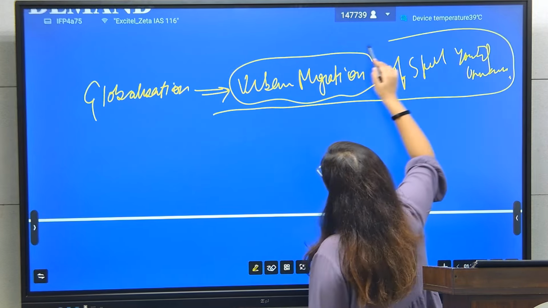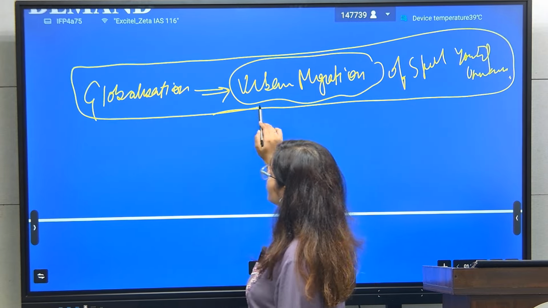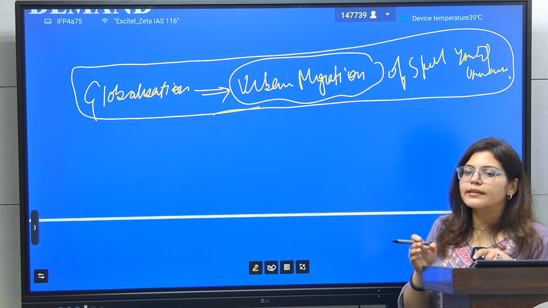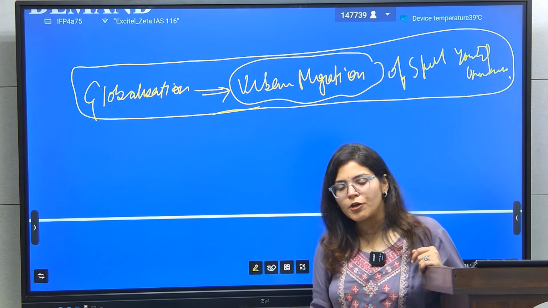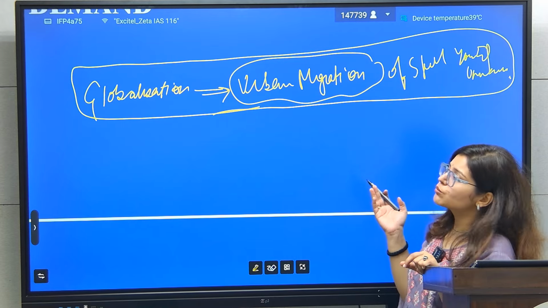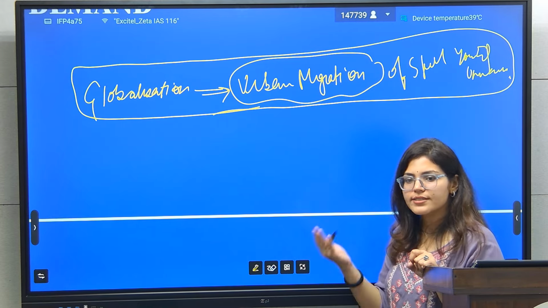In the intro part, link globalization with urban migration that creates service oriented space and more economic opportunities, which attract the young and skilled women towards the larger area, towards the urban area.